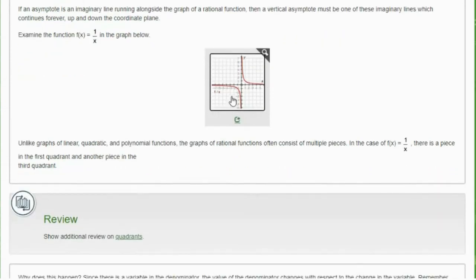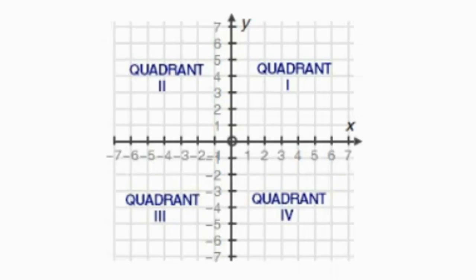So there's a piece in the first quadrant and a piece in the third quadrant. Let's review the quadrants. We haven't talked about quadrants this year, and maybe it's been a while since you've studied that. But the graph is divided into quadrants, just as a refresher. Quadrant 1 is like where the real world exists, right? All the positive numbers.